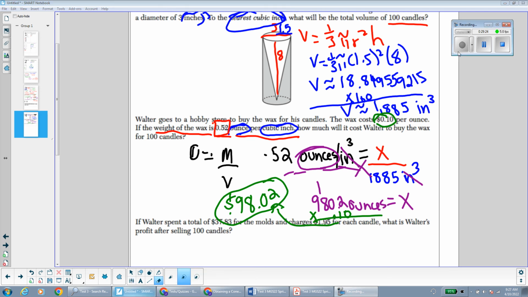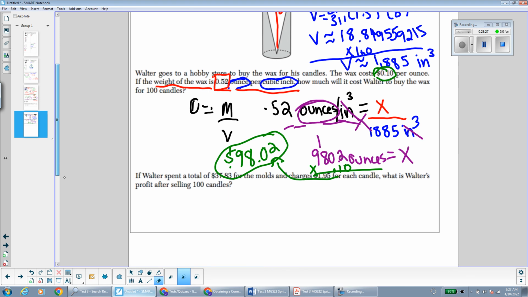So first we need to figure out how much Walter made from selling these candles. So he charges $1.95 for each candle, and he sold 100 of them. So if we multiply 1.95 times 100, we will get how much Walter made from selling all of the candles. And that is $195.